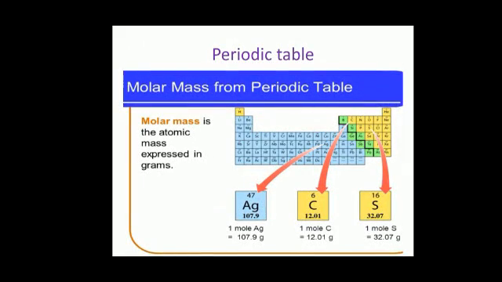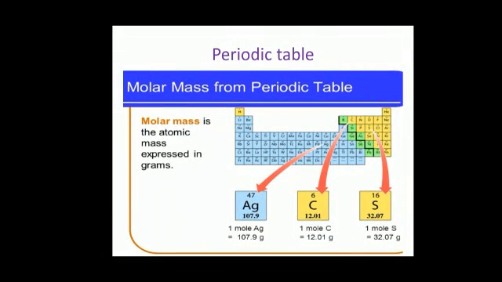Now see in the periodic table, students, you will find atomic number and atomic mass both with the symbol of element. 3 elements are highlighted here. So you can see the first element is Ag. This is silver atom. Atomic number of silver atom is 47 and atomic mass, that is also known as molar mass when expressed in grams, is 107.9 grams.